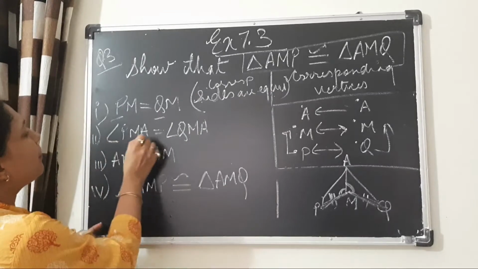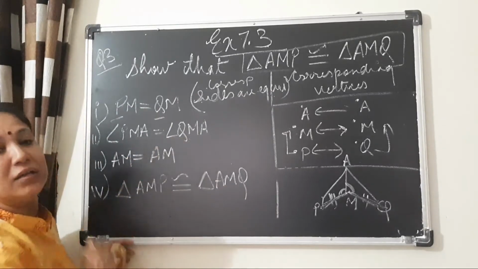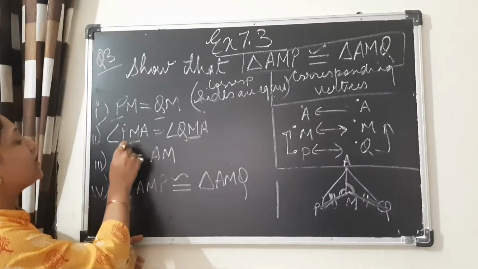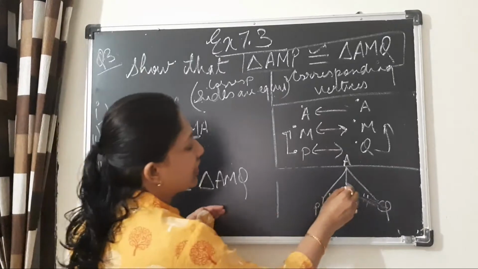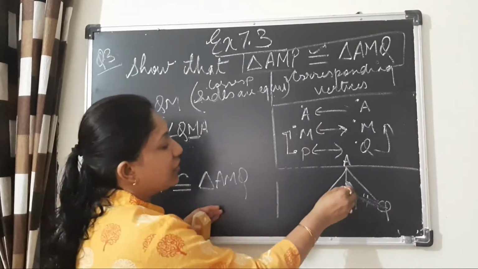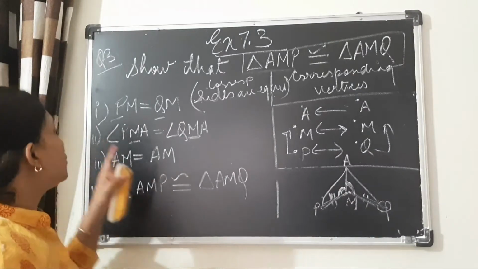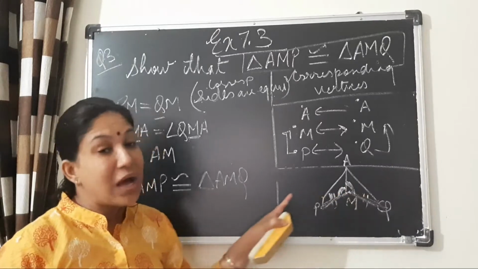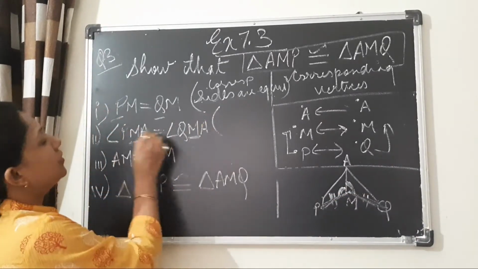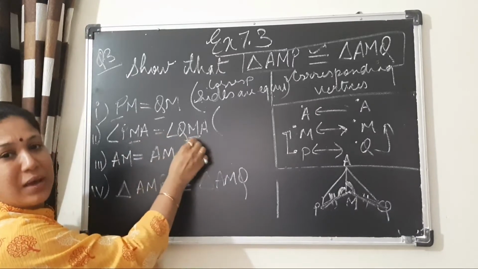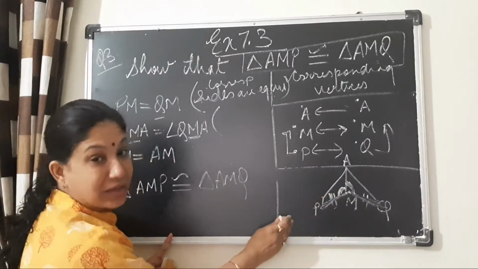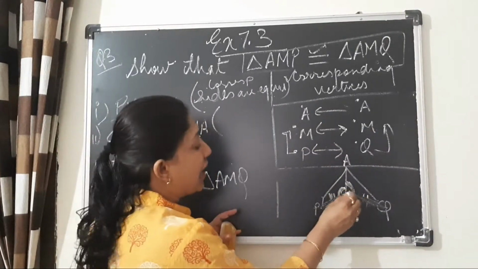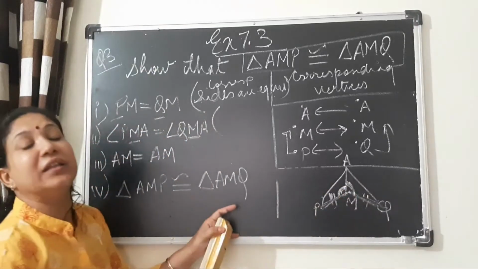Now let us see angle PMA is equal to angle QMA. See the letter in the middle, M. The angle is formed at the center, and it is given in the figure that they are equal.